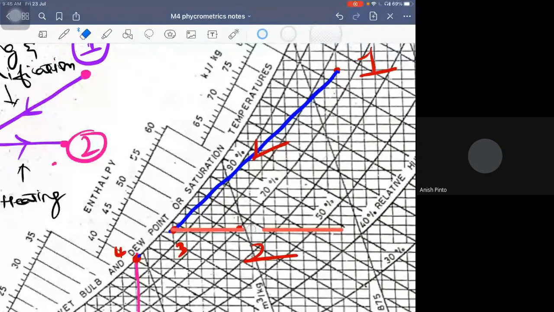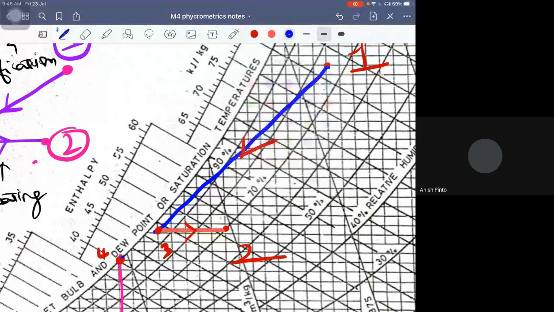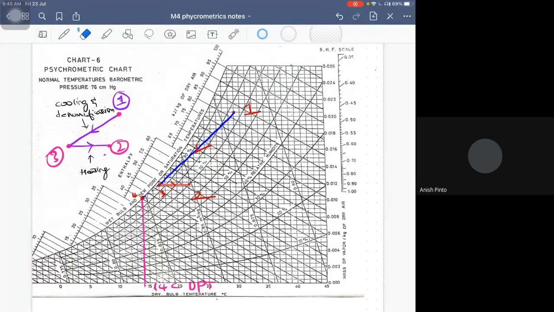Then it is going for heating from 3 to 2. This you can mark with a small dotted line, if you want to, like this. And even you can use a dotted line for this.